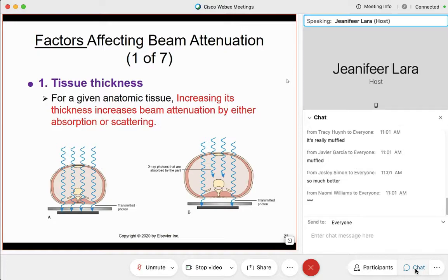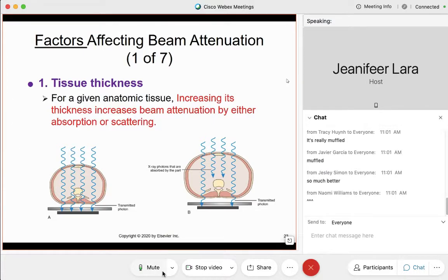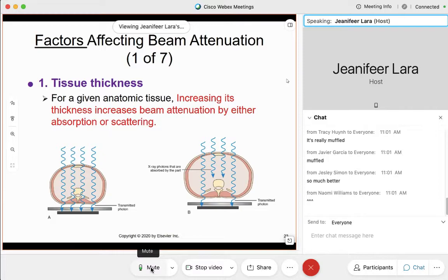What does beam attenuation mean, Jaleisha? Isn't it the increase in thickness of the beam, I believe? Or intensity? Think about the beam and think about the energy and the amount of photons. So it's the photon energy and the photon quantity. So attenuation means to do what?